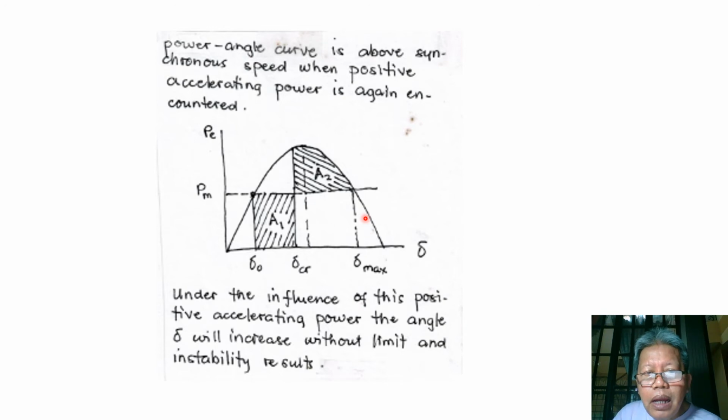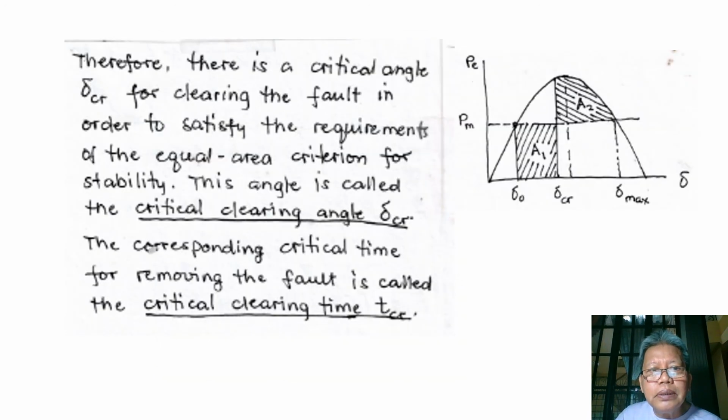So when the rotor angle increases beyond delta max, the accelerating power here is greater than PE again, because this is PM and our P is this. So the accelerating power will increase, causing instability to our generator.